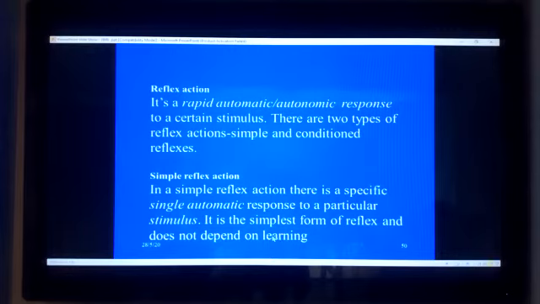So the information or the impulses will be relayed into the spinal cord, but the brain will get the impulse a fraction or fractions of seconds after the response has been carried out by respective structures of the body.